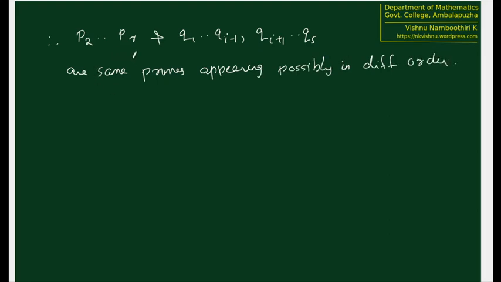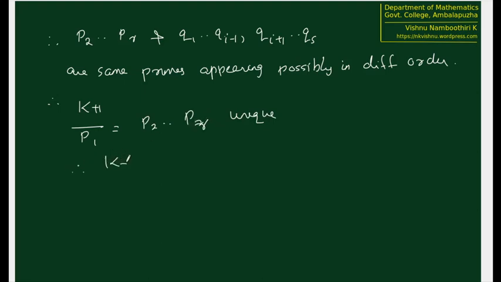They are all the same primes, the same number of primes appearing in different order. Therefore, if we reshuffle them, these two combinations are exactly the same. Therefore (k+1)/p1 equal to p2 times etc. times pr is unique. There is no other representation possible.